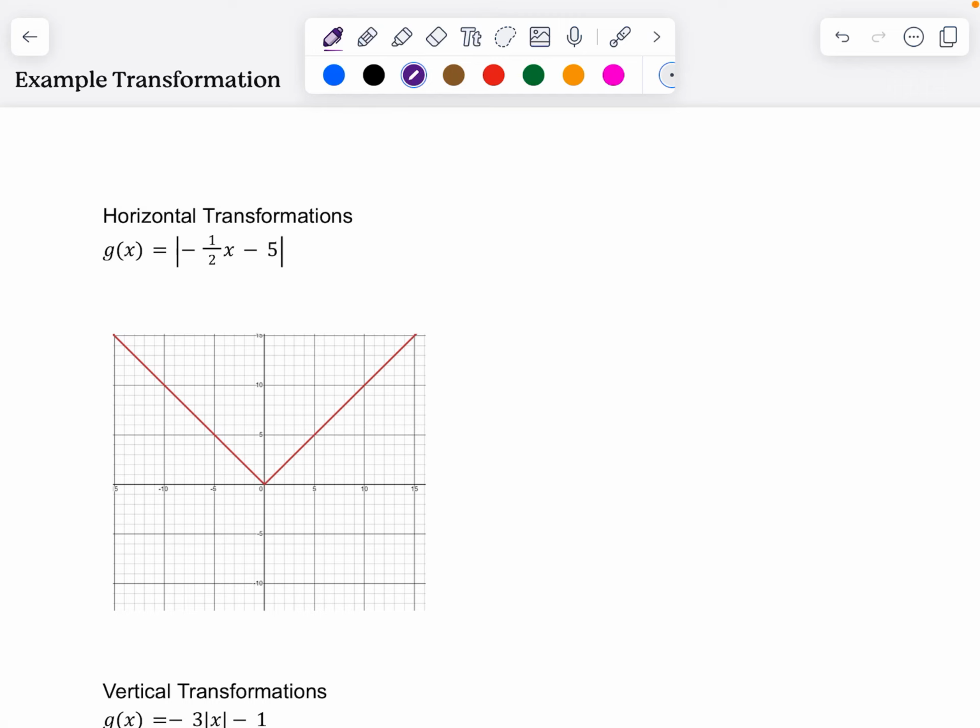Okay, in order to do transformations, the very first thing we're going to do is a horizontal translation. Okay, so that means you're going to move left or right.